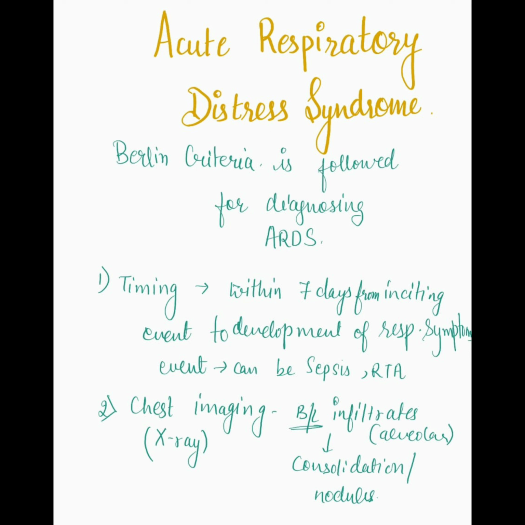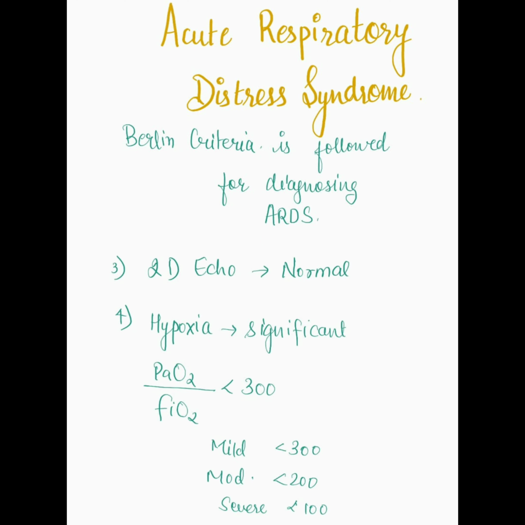Second is the chest imaging. Bilateral infiltrates are seen, like consolidation, etc. Third is the 2D echo, which will be normal because it is not cardiogenic. Then fourth will be hypoxia, which is significant. PaO2 to FiO2 will be less than 300. When it is less than 300, we call it mild. Less than 200 is moderate, and less than 100 will be severe.